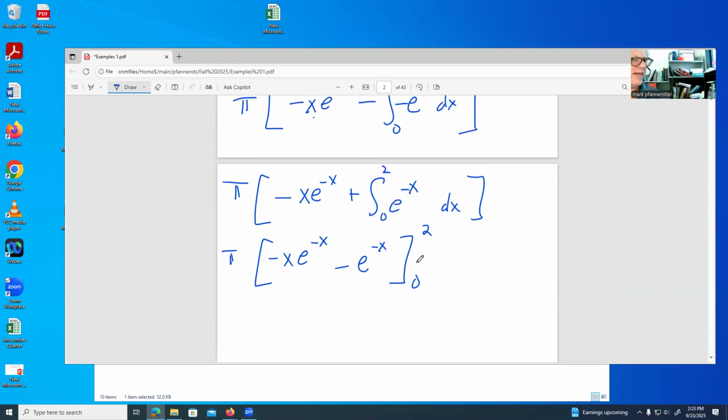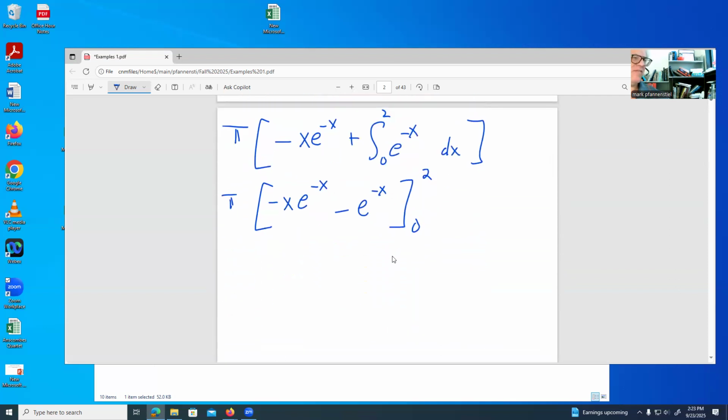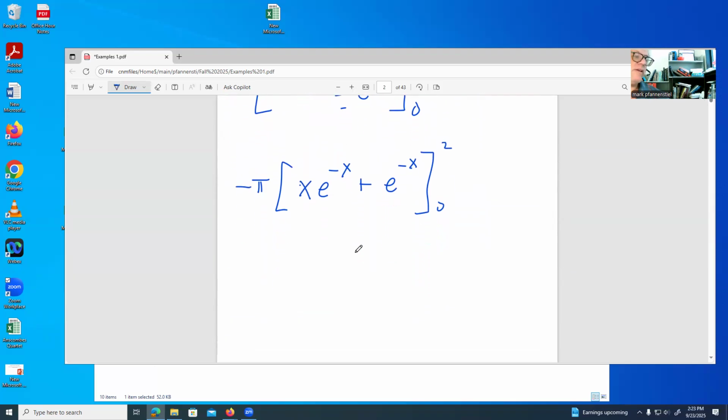Boy, there's a lot of negative signs here. I don't like negative signs. Could we factor them out? I'll factor out both of the negative signs. So we can say this is negative pi times x e to the negative x plus e to the negative x. We're going from 0 to 2, but I really don't want to deal with the negative sign. Could we do this instead?